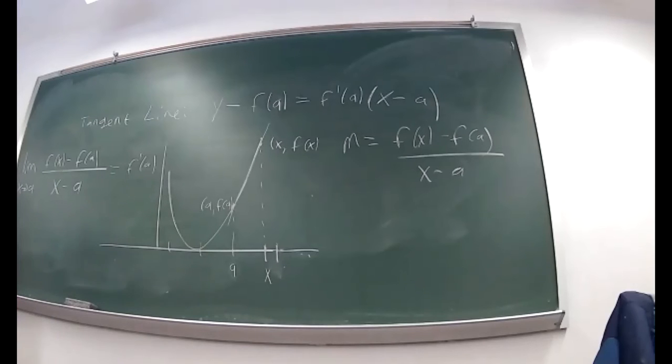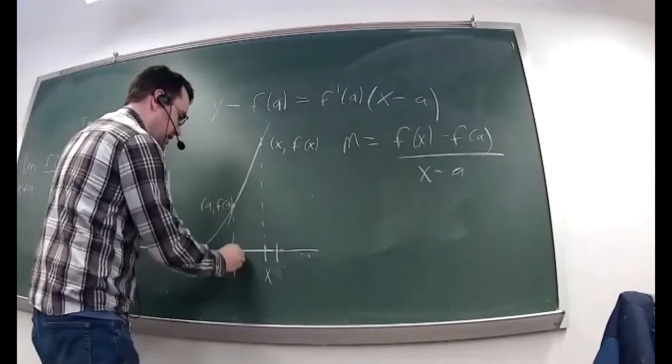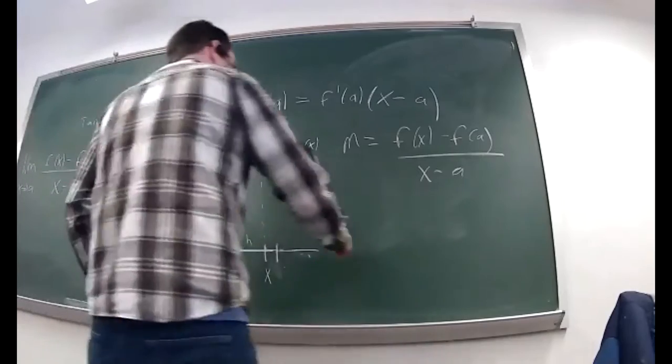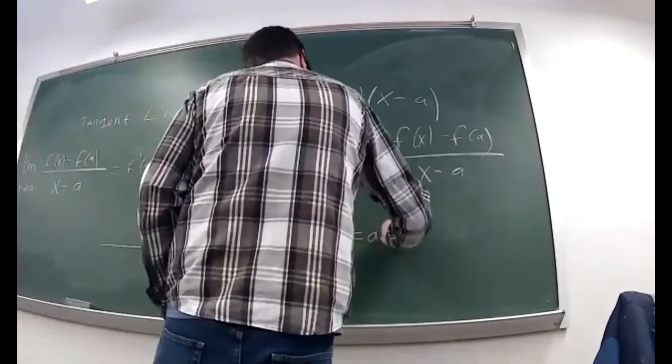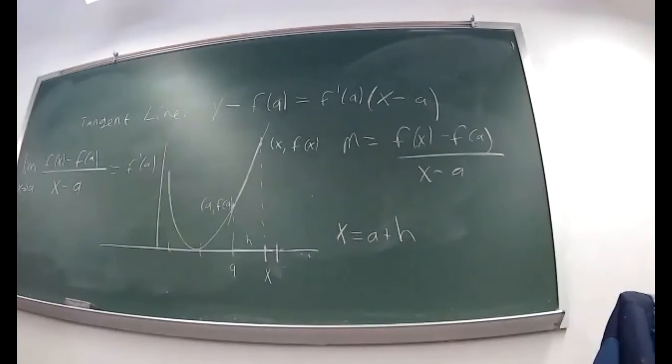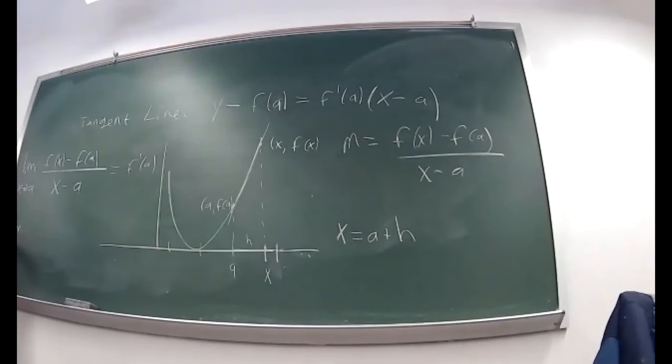And I can show you how to convert this into h's. If you want to think of a and then going out by h, then you can just write x as a plus h. If you make that substitution, x going to a is the same thing as h going to 0, isn't it?